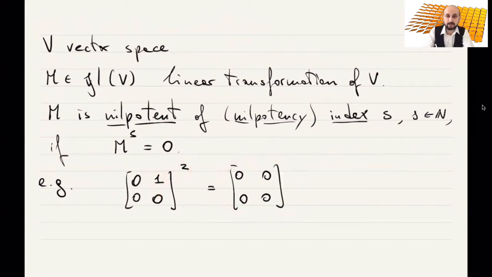So let's keep this in mind, because these are the classical example of linear transformations that are nilpotent.